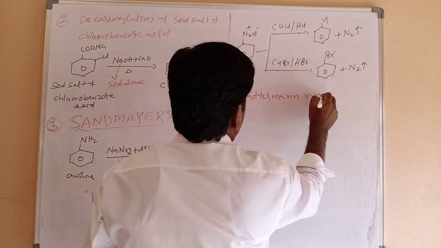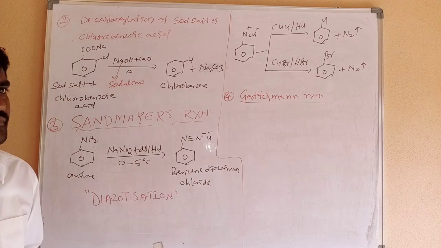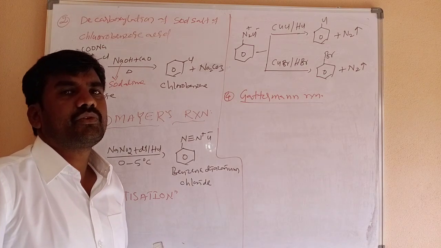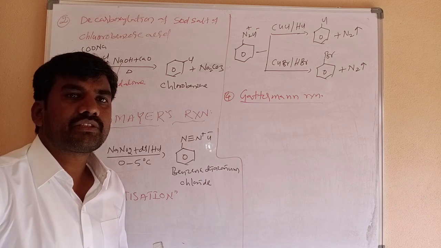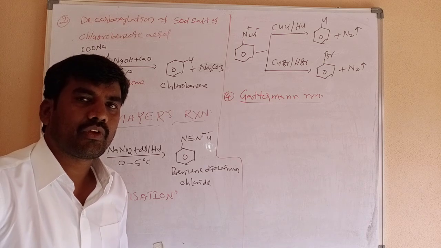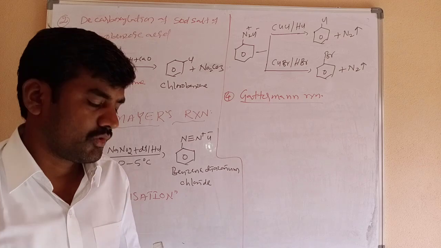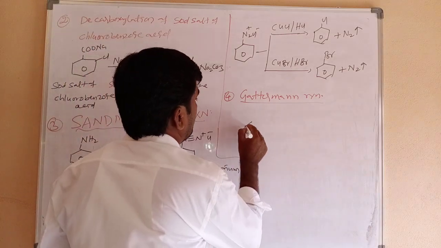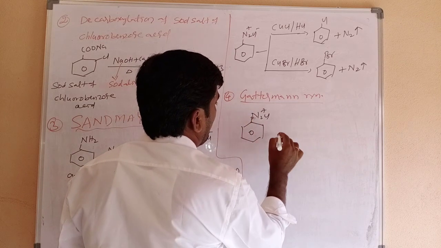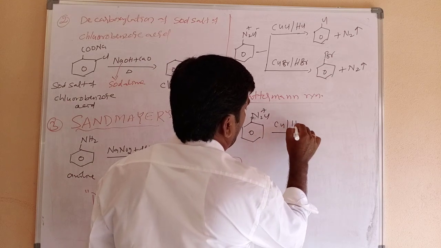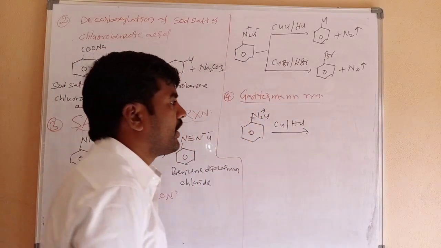Next one, Gattermann reaction. By using the Gattermann reaction, we can prepare chlorobenzene. Benzene diazonium chloride reacts with copper powder and HCl, hydrochloric acid, to form chlorobenzene.